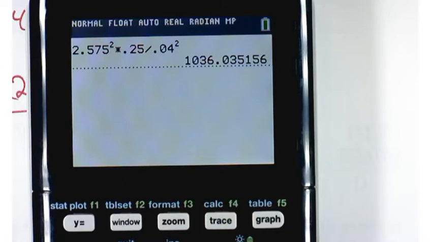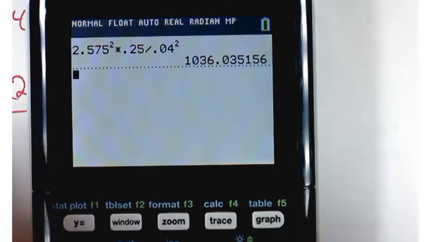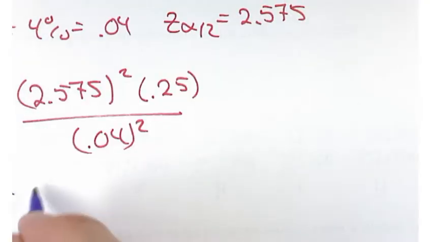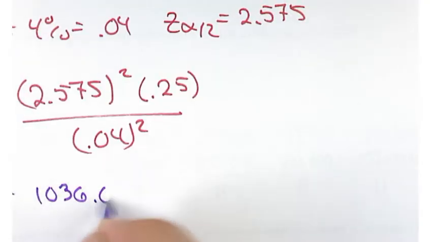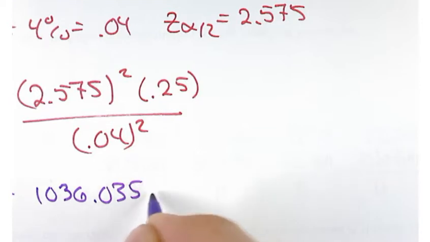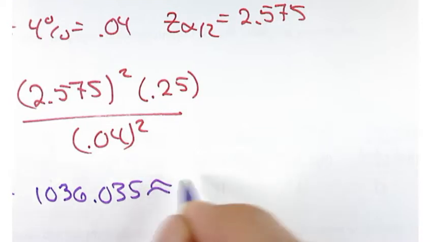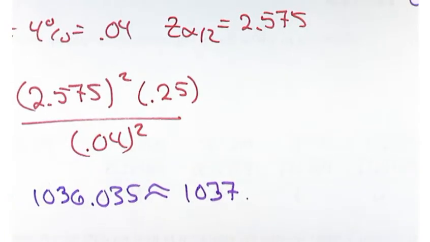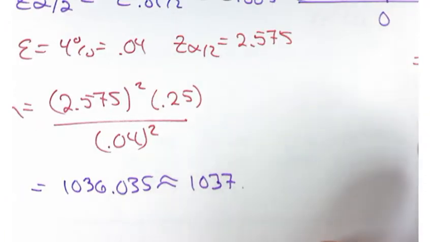I know that in normal circumstances you would round to the nearest integer, but in the case of sample size calculations, you always round up. It's just being a little bit more conservative in your approach to this. So we get 1,036.035, etc. And we'll round that up to 1,037. So that should be our sample size in part A.